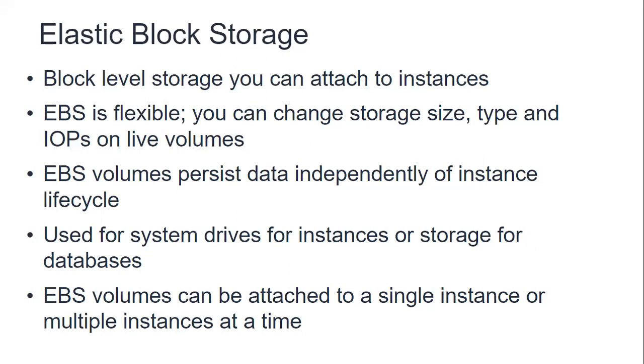So what EBS is, is what they refer to as block storage. This is generic IT hardware, right? In a typical IT environment, you have what they call block storage or a storage area network.